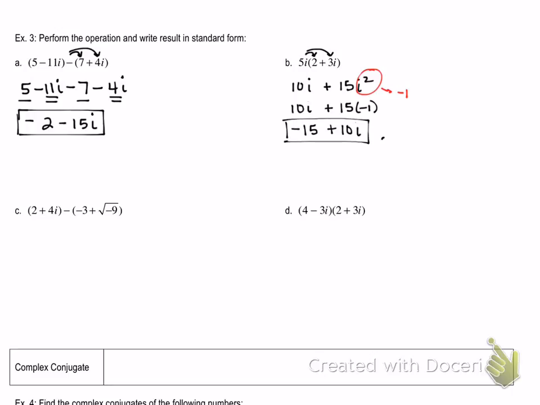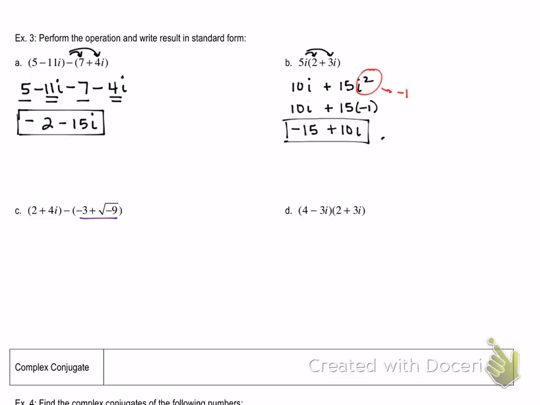Okay, part C. The first thing that I want you to notice here is that this particular complex number, -3 plus root -9, is not in a plus bi format. So I have to get it there first, using a similar strategy that we did in example 1.